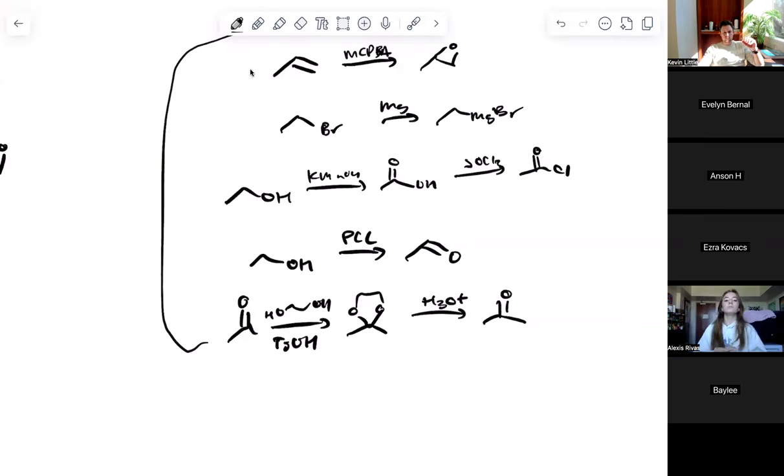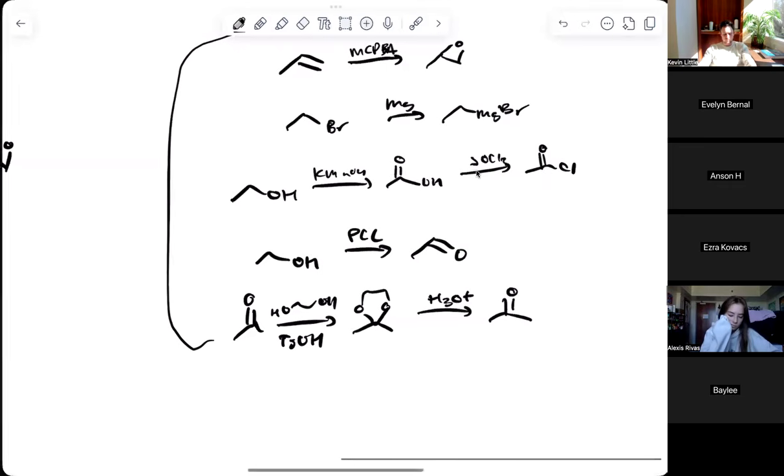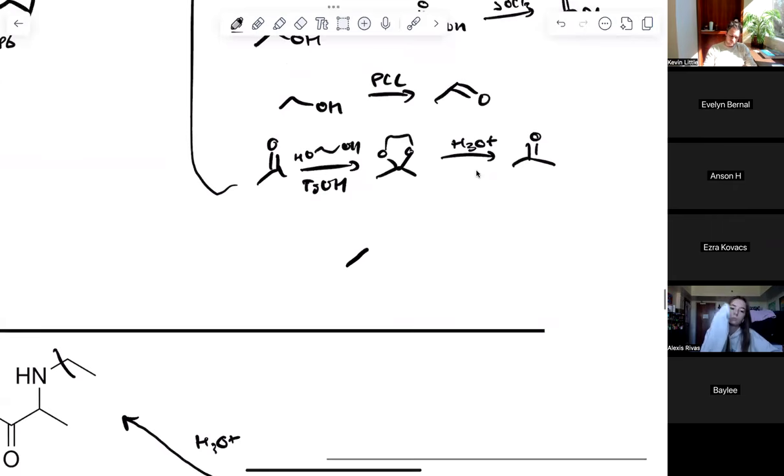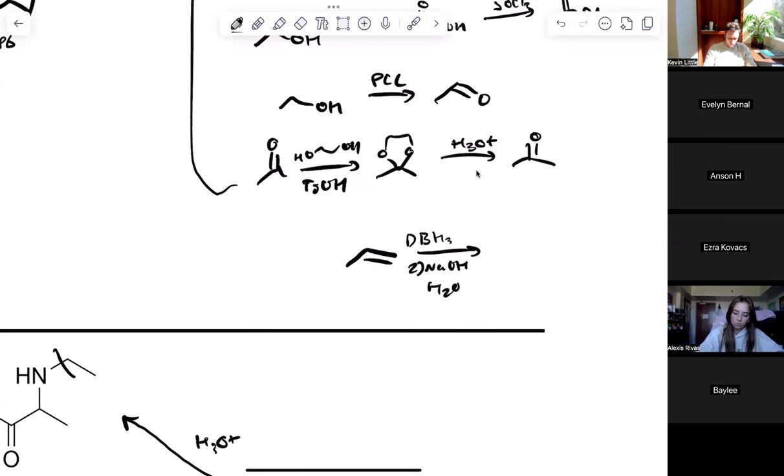Okay, so someone specifically asked, these are convenient ways to make OHs, make alcohols from a double bond.